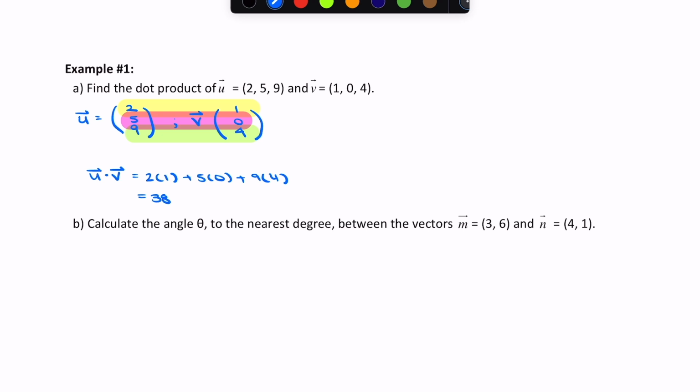And here, again, it says calculate the angle theta to the nearest degree between the vectors. Vector m is equal to 3, 6, and vector n is equal to 4, 1. Okay, so first thing we'll do here is we'll draw a grid just to plot our points.